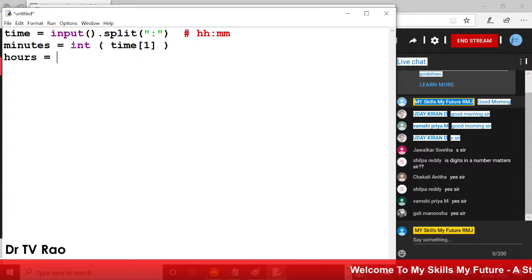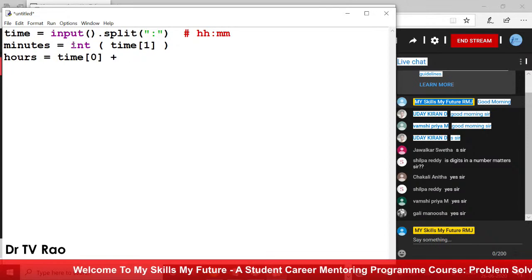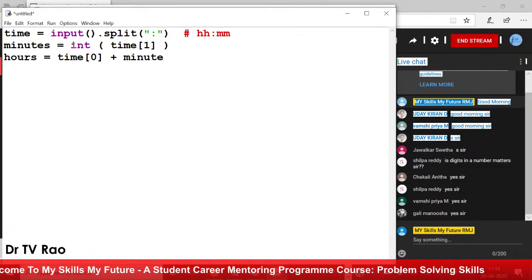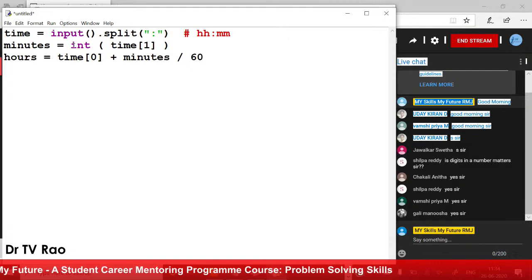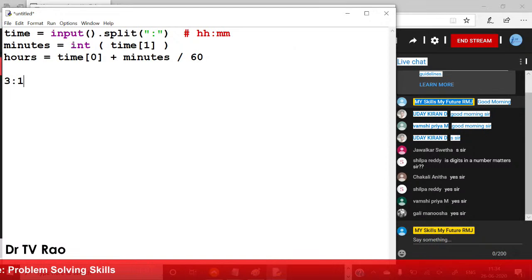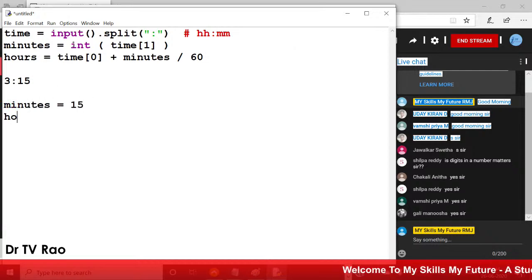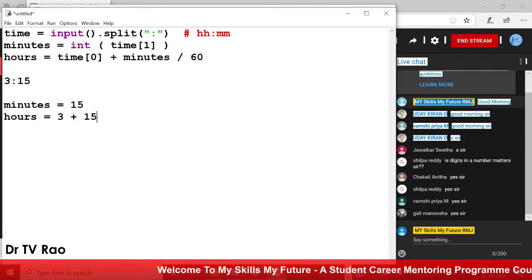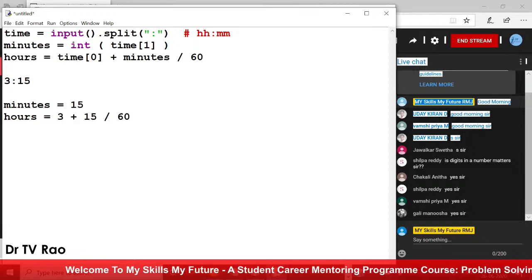Time 0 is the number of hours plus minutes by 60. Right, for example, if you entered 3 colon 15, minutes is 15 and hours is 3 plus 15 by 60. So it is 3.25 hours. Okay, so hope you understand it.